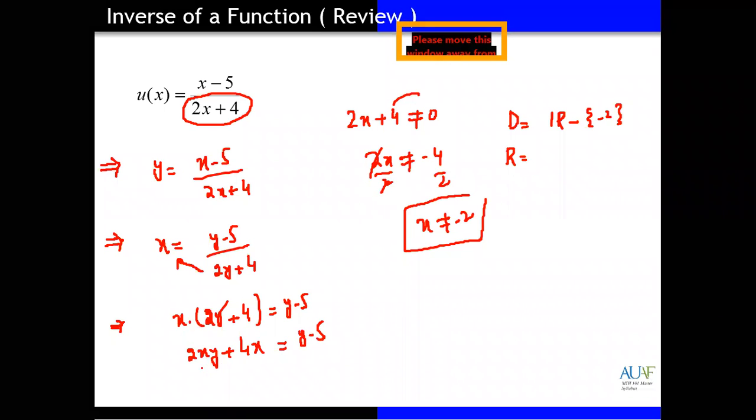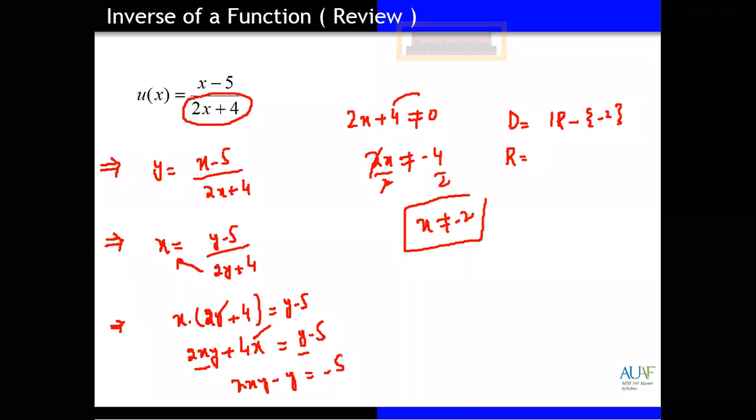Now we have y on both sides. So if you transfer y to this side, we have 2xy minus y equal to minus 5, and if you transfer 4x to this side, minus 4x. So 2xy minus y equal to minus 5 minus 4x.